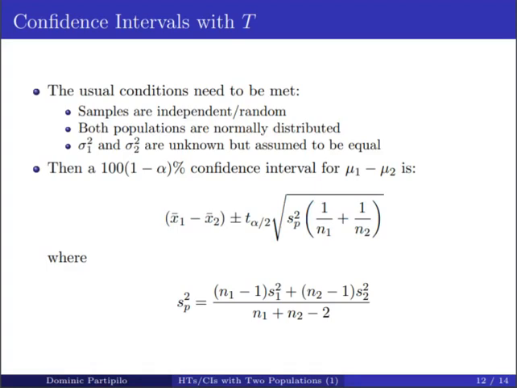And just like before, this is the same concept. This is the point estimate here, and then our usual critical value, and then a standard error. And then notice, just like with the hypothesis testing, we're going to have this pooled variance here because we're operating under the assumption that these two population variances are going to be equal. And because of that, we're going to pool the variances by calculating a weighted average of them using the degrees of freedom.